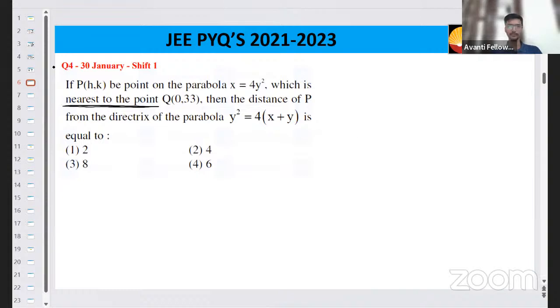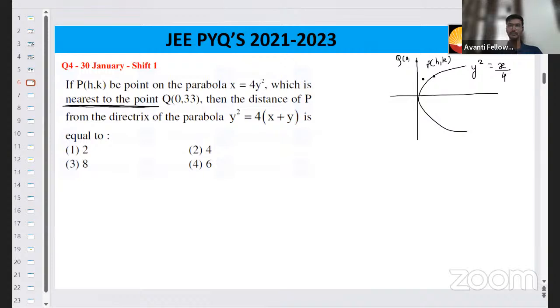See, let me explain it to you. Let us draw a diagram here. This is the parabola. y square is equal to x upon 4. So this is a point P, let's say h comma k, which is nearest to the point 0 comma 33, which will be somewhere on the y-axis.